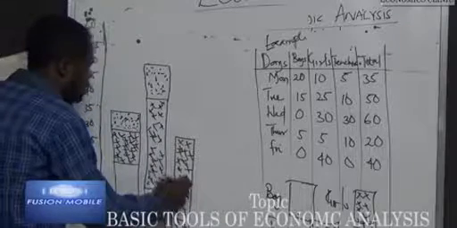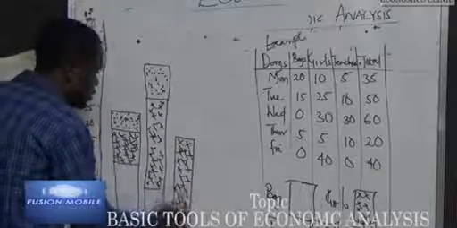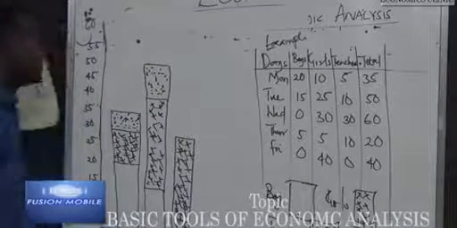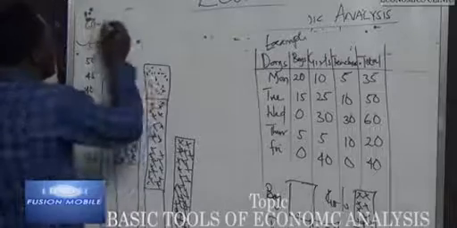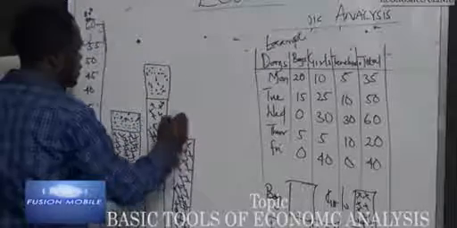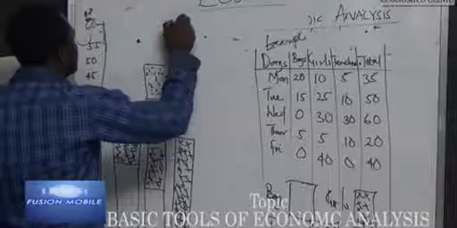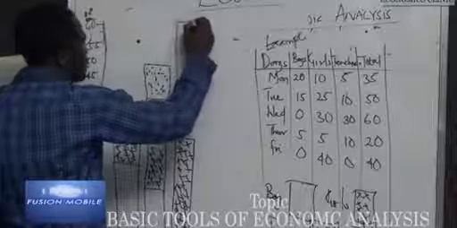Stars. Then the teachers are also 30. So we draw this up to 60, because 30 plus 30 gives us 60.